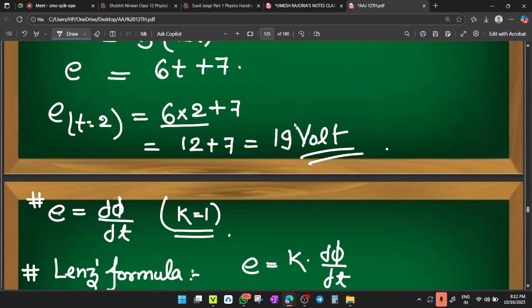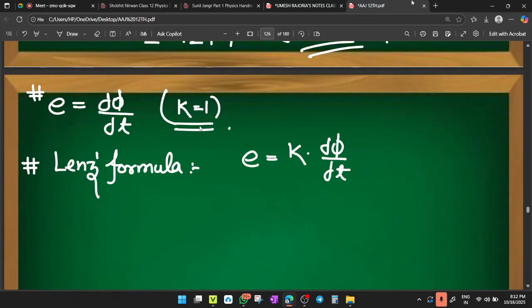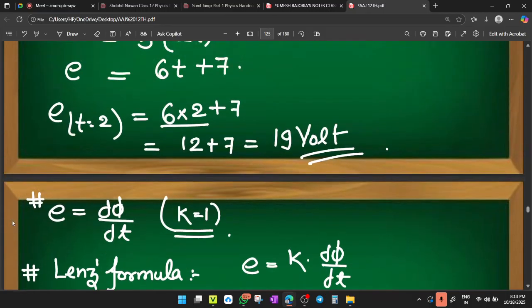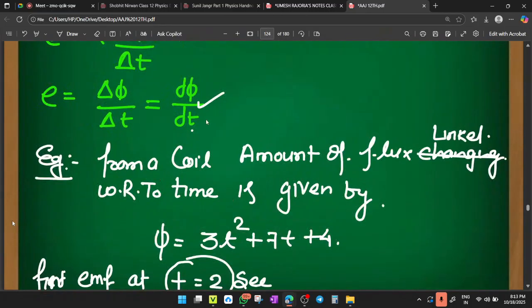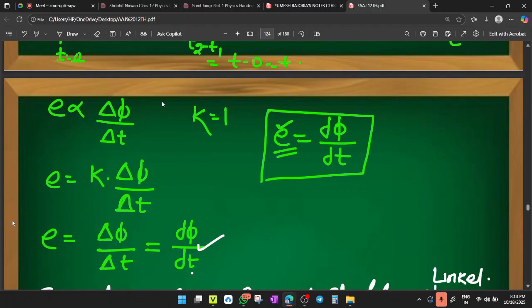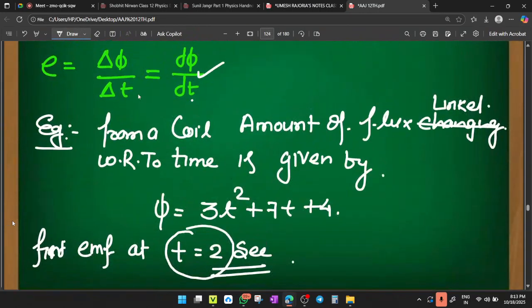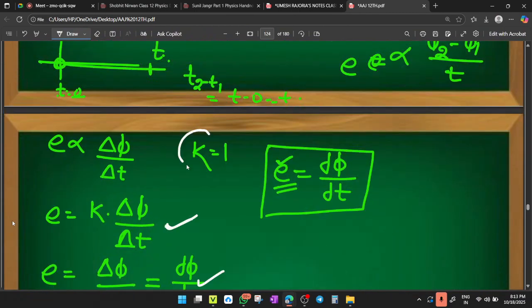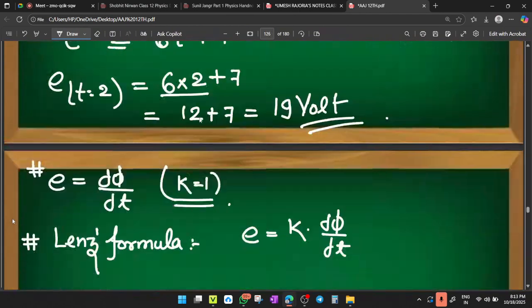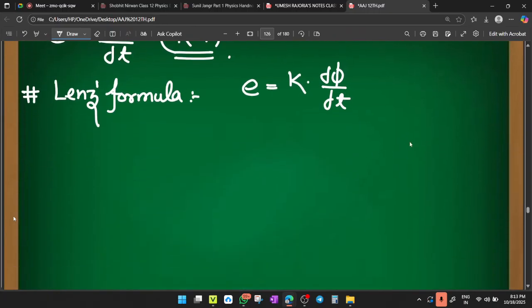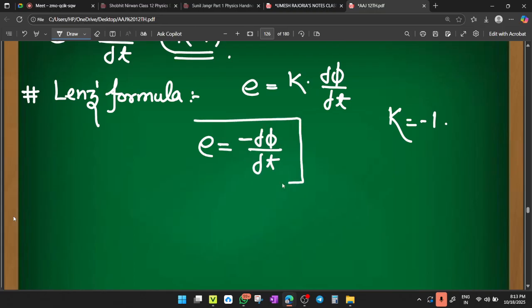So I am saying that we have already developed that E is equal to K d phi by dt from Faraday's experiment. So Faraday suggests the value of K equals 1. But here Lenz said that the value of K is equal to minus 1. K equals what? Minus 1. So E is equal to minus d phi by dt. This becomes the complete formula for EMF.